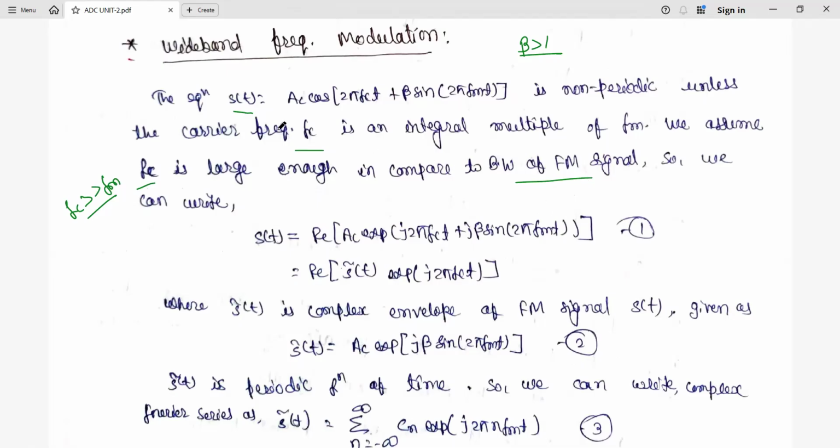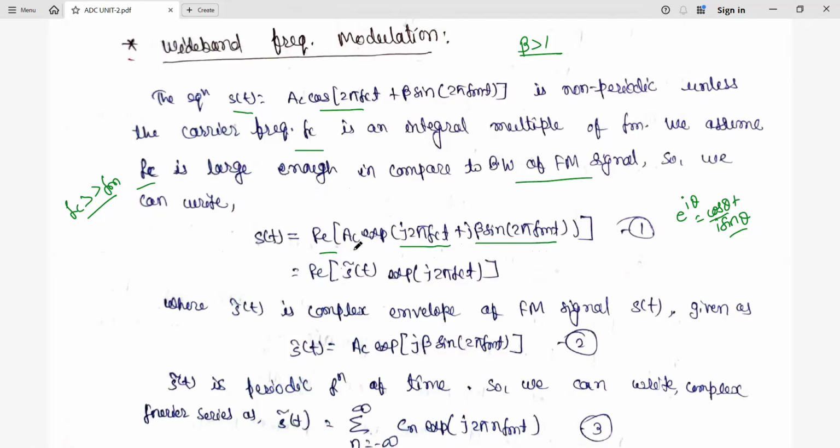You already know about e to the power j theta, which is written as cos theta plus j sin theta. Cos theta is the real part, sin theta is the imaginary part. That's why we write the real part of Ac exponential j(2 pi fct plus beta sine 2 pi fmt). Again, we separate e to the power of this one and e to the power of that one.